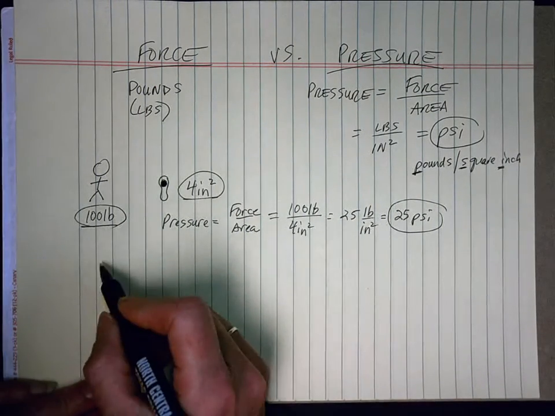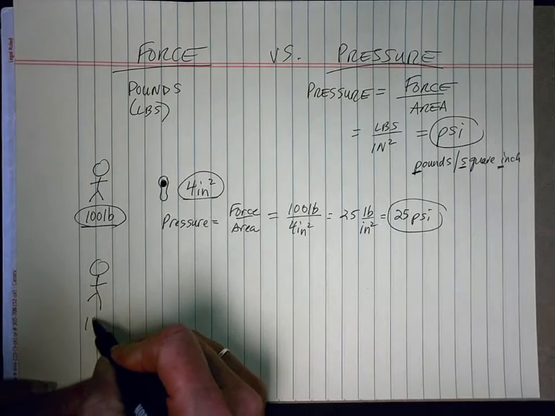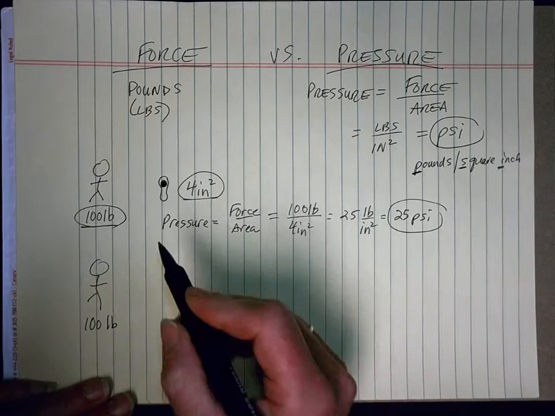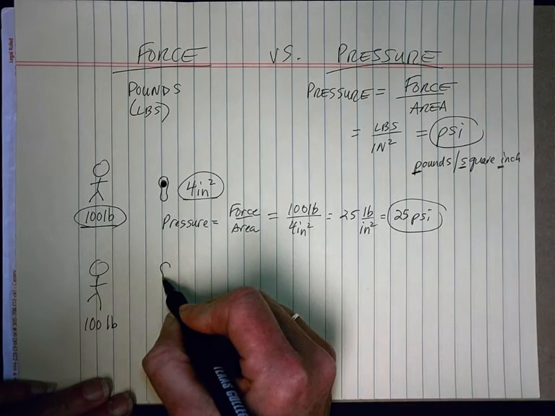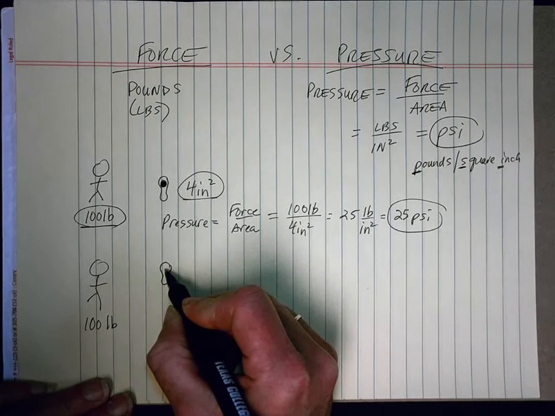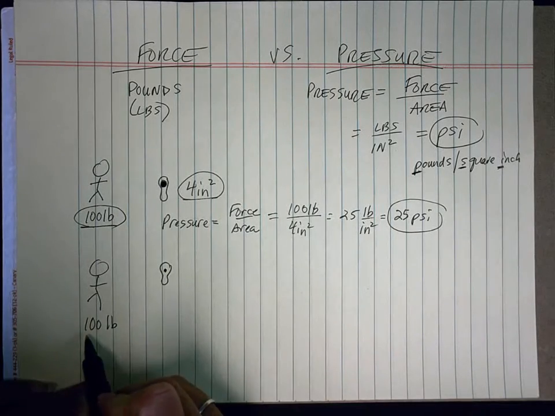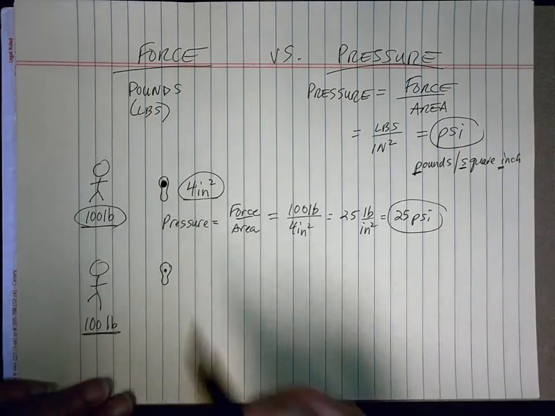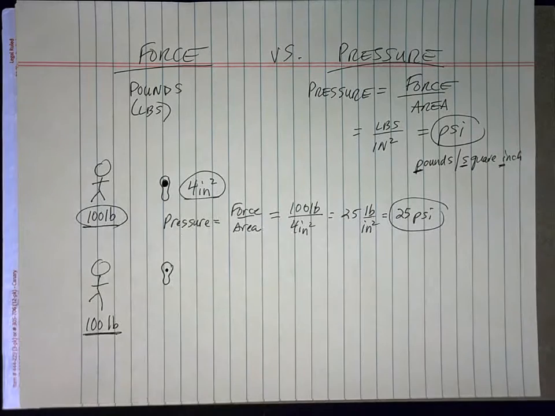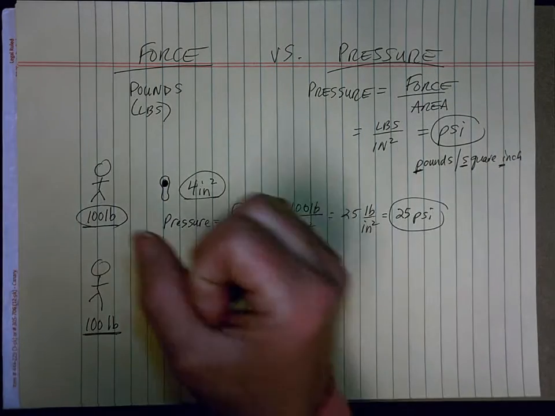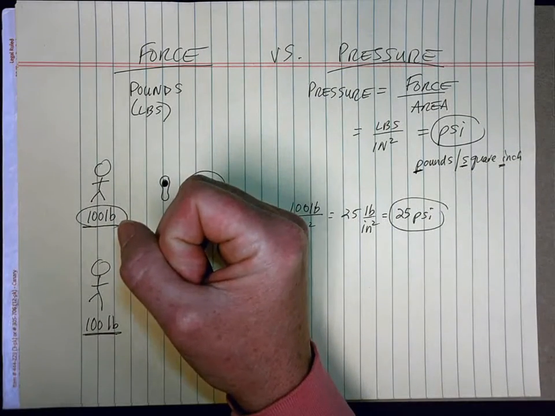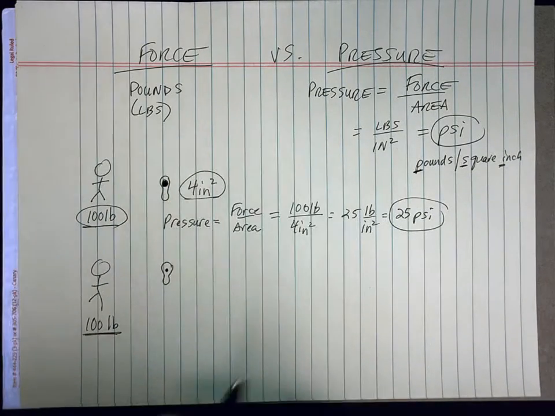Now, what if you imagine you have a person, same person, who's wearing high heel shoes? We're going to decrease the area that same force is applied over. Now, if you get small high heel shoes, that's a very small area on the bottom of that heel. It might be maybe 1/4 of an inch squared.